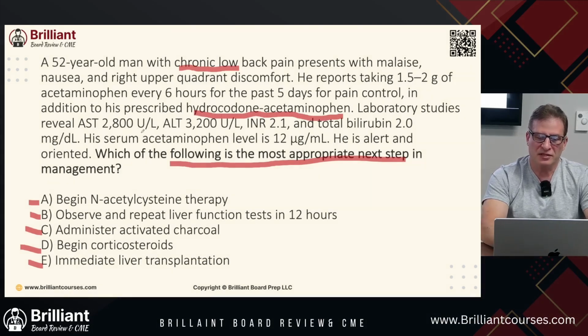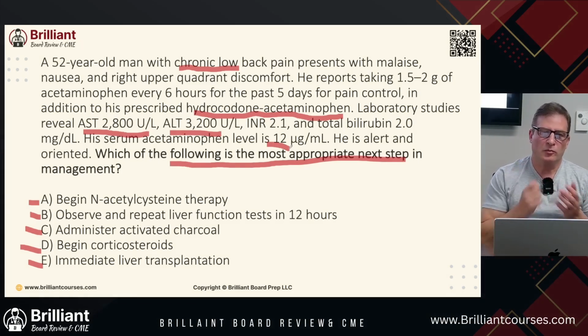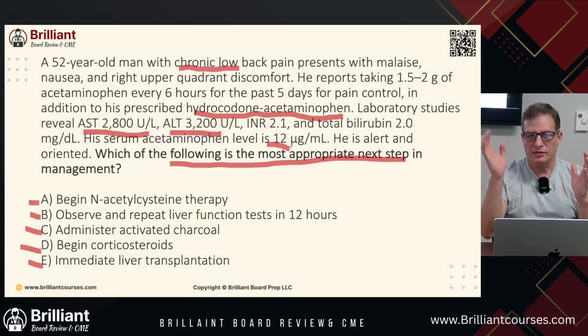He gets his studies, and guess what? He has an elevated AST and ALT and elevated INR. So his liver is taking a hit. His bilirubin is higher. His acetaminophen level is 12. Now, when we talk about acetaminophen levels, there's a nomogram, and what you do is plot on this nomogram how much you think the patient took and when they took it.